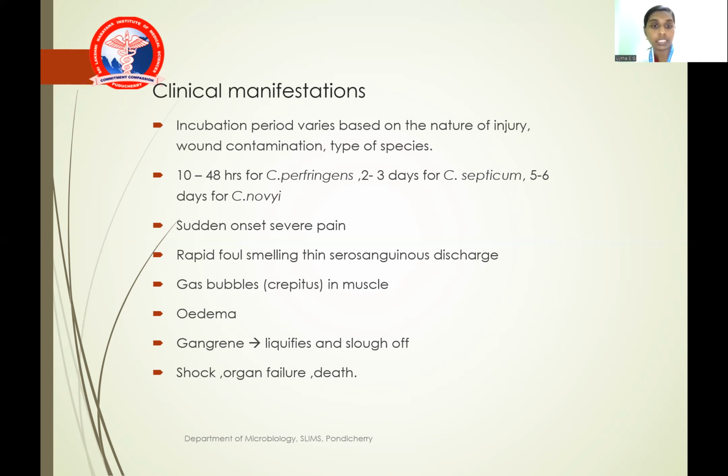Because of gas collecting in the muscle, you can hear crepitus over the muscle, and there will be edema. Finally, the tissues get devitalized, liquefy, and slough off. Later on, the patient can go into shock and organ failure, and even death can occur.